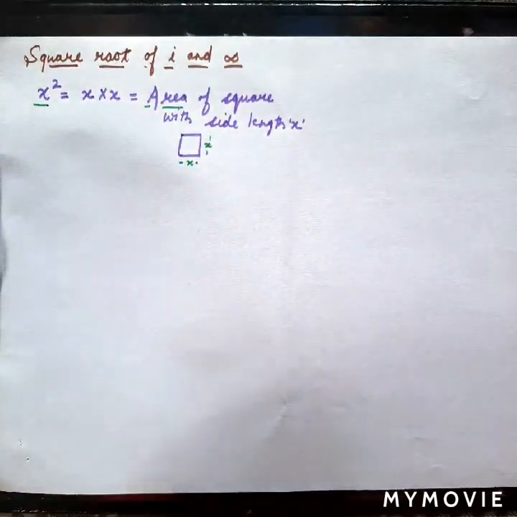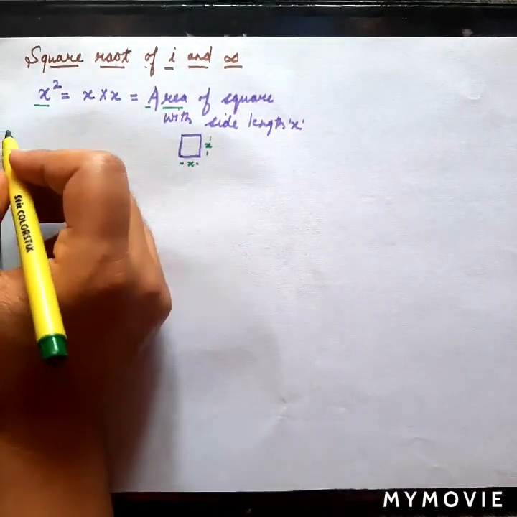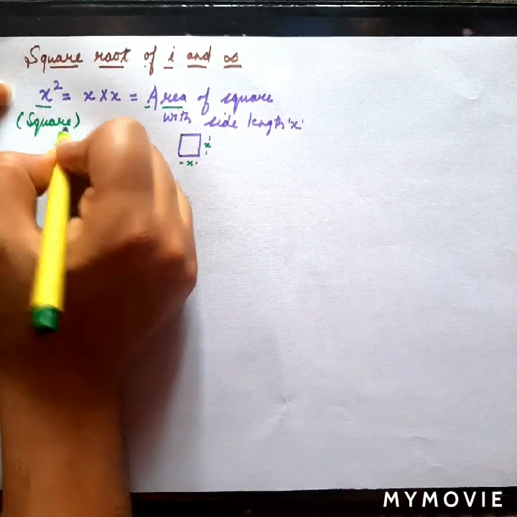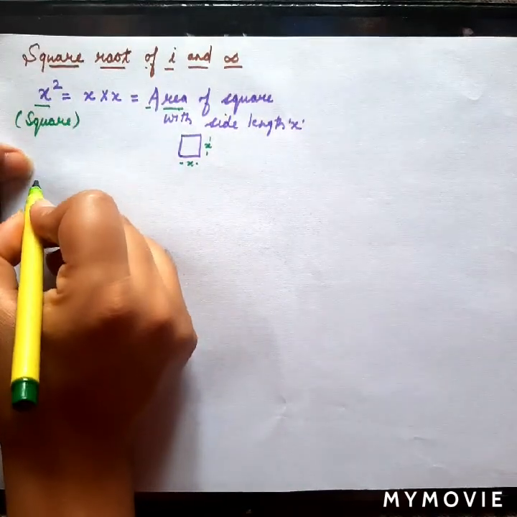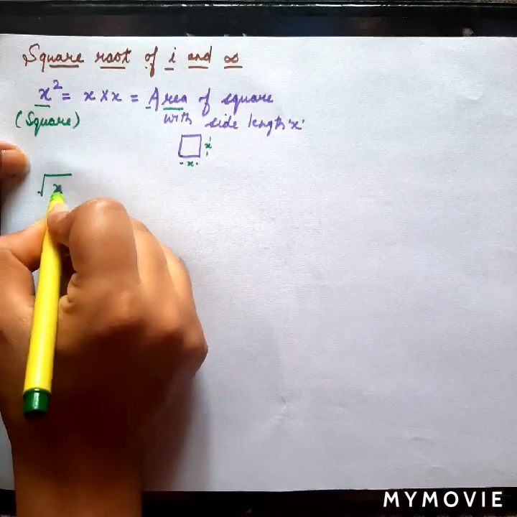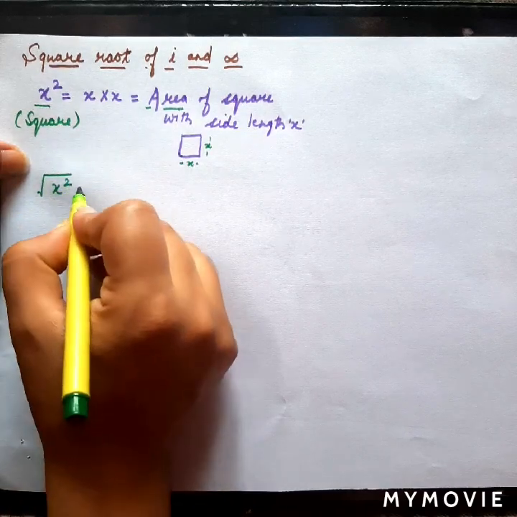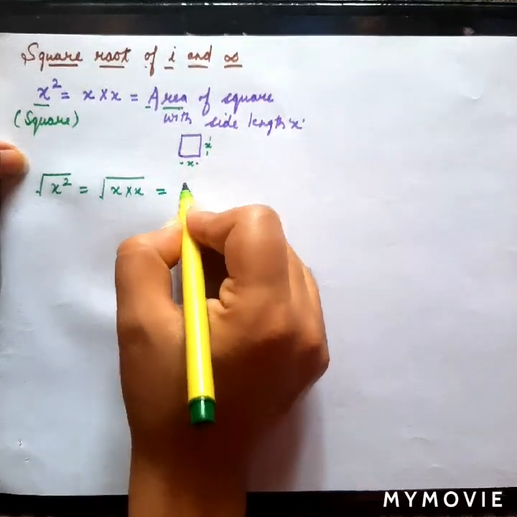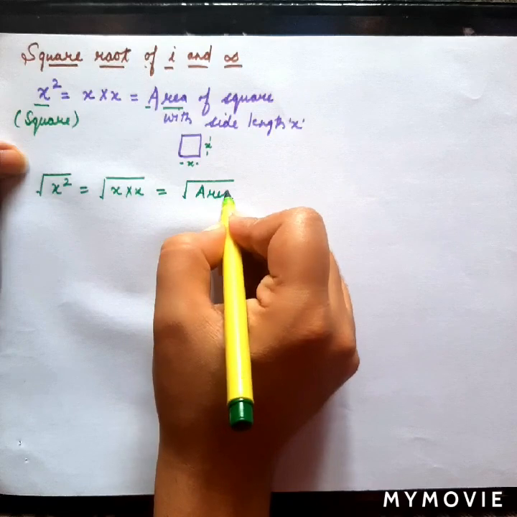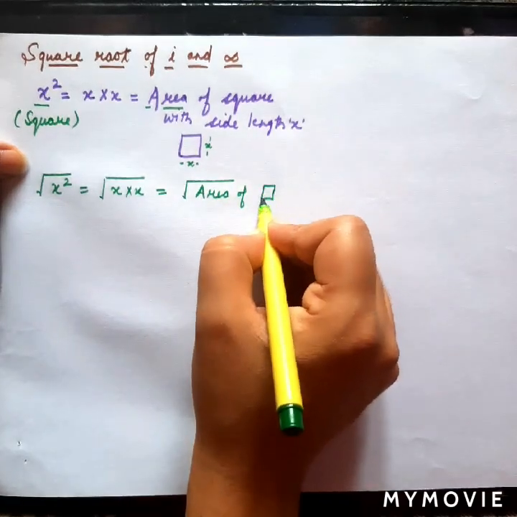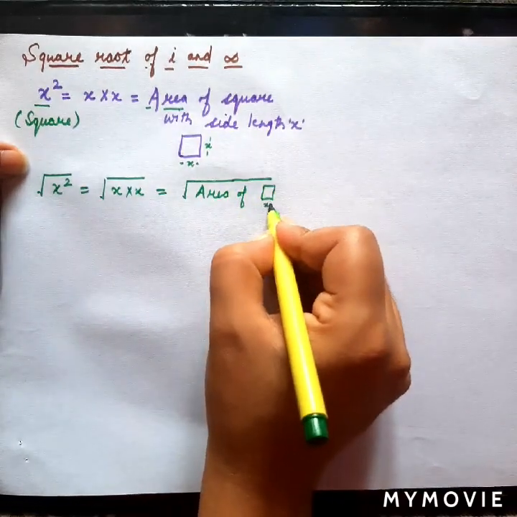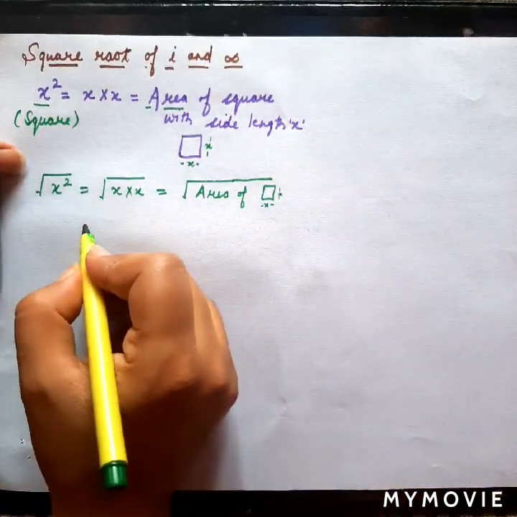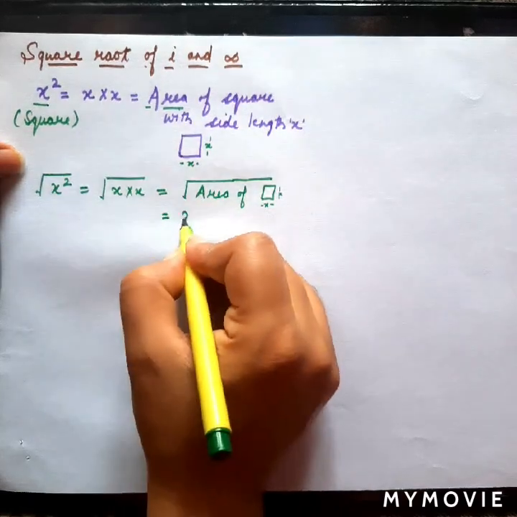And in the same way, in order to find out square root, I have to take square root of that area, or I could say that I can write this x into x, or square root of the area of a square with side length x, right? So in such way this will be equals to x.